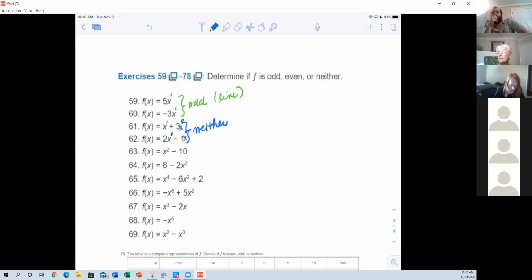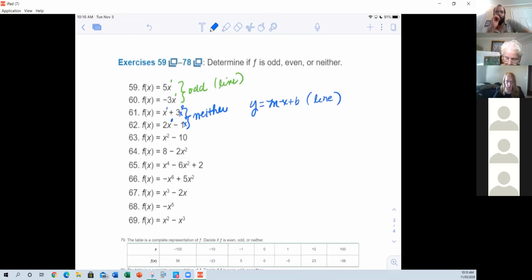A line, a parabola, an absolute value? What do you think? I'm putting you on the spot. I'm sorry. So if it's y equals mx plus b, it's always going to be a line. I think you know that. I'm making you nervous. All right.